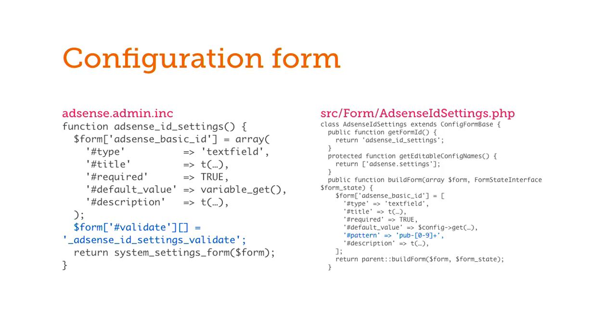Configuration forms are more or less the same as before. In this case, it's one of those settings forms. You can see the form API is more or less the same. The one thing is that there are new elements. One of the things that I used to do in AdSense was a validate part, and in this validate part I checked if a certain pattern was being matched by the value.